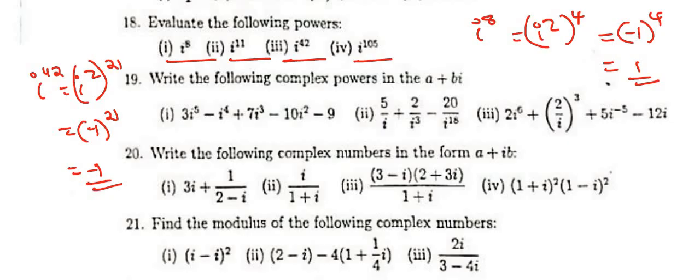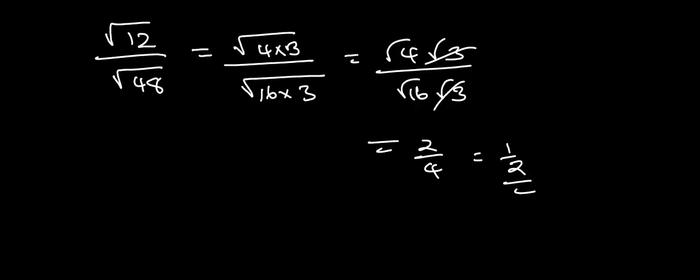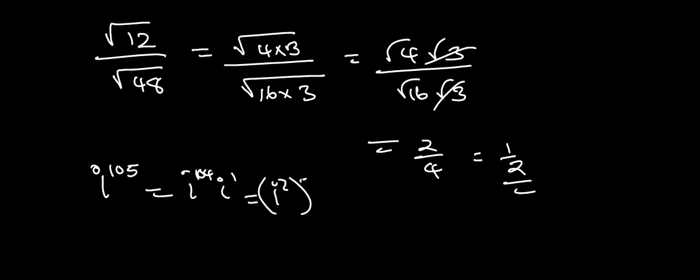The same applies if the power is odd, like 105. We can break i to the power 105 down as i to the power 104 times i. The 104 can be broken down to i squared to the power 52, with the i waiting outside. This is negative 1 to the power 52, which is simply 1. So the answer is just i.